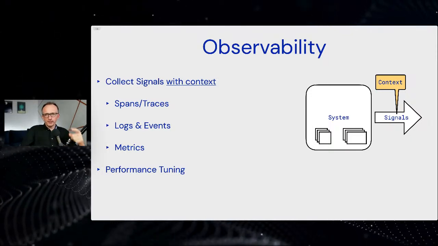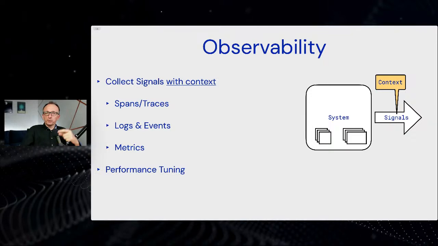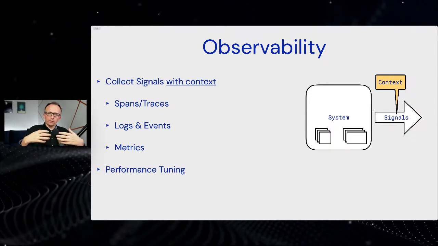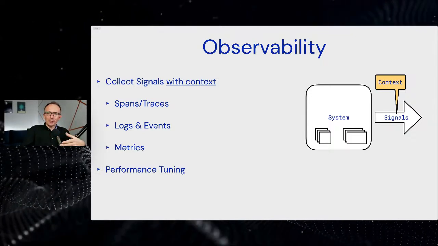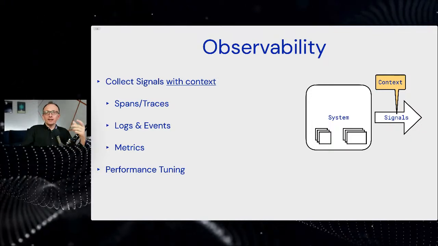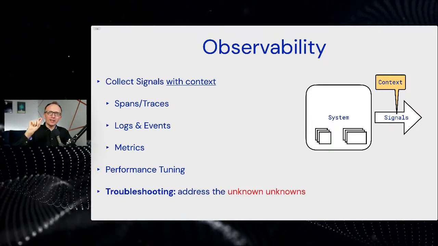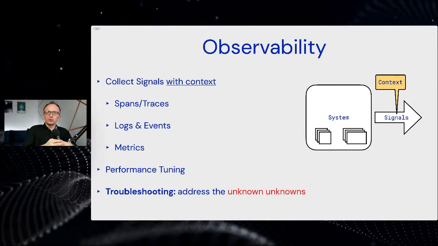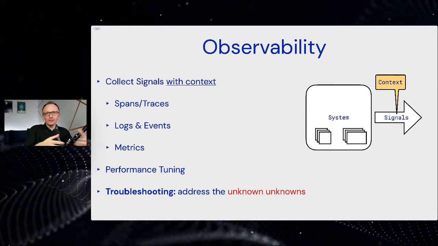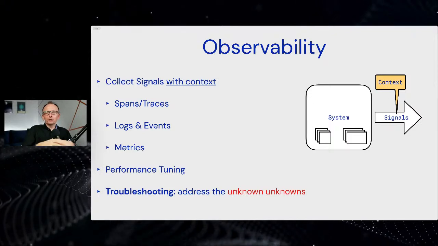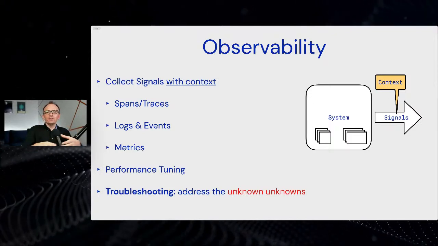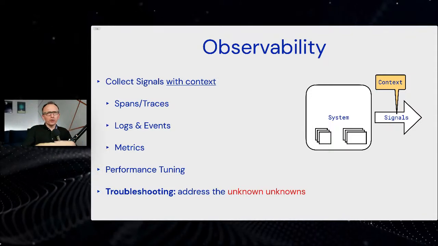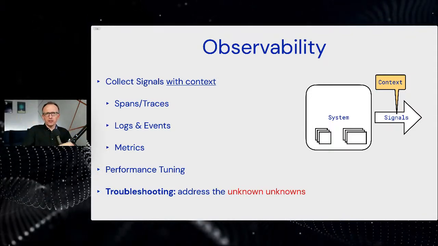But observability is not only about performance tuning, of course. It's about troubleshooting. It's about helping you really dig into your system, to gain insight, like I mentioned, and to address the unknown unknowns. It's not about fancy dashboards that are static.